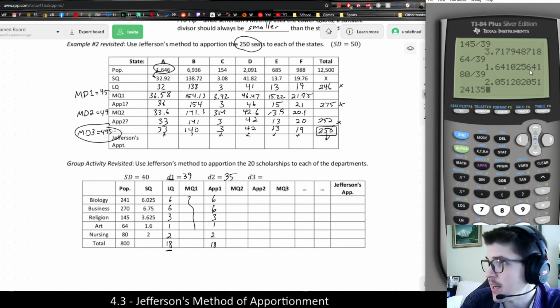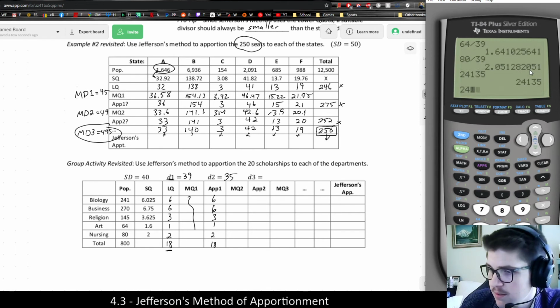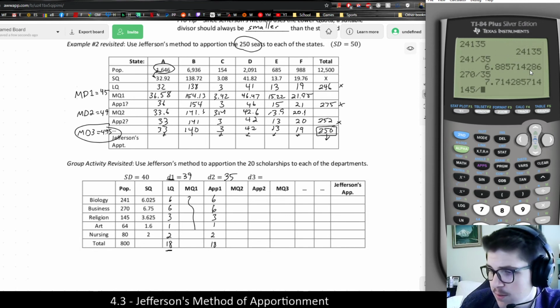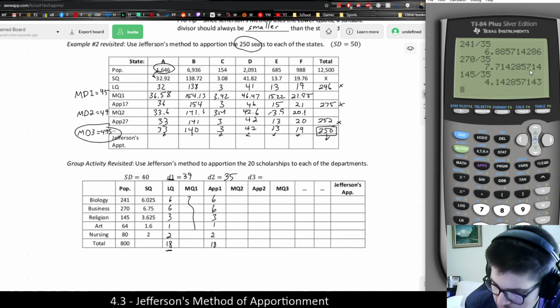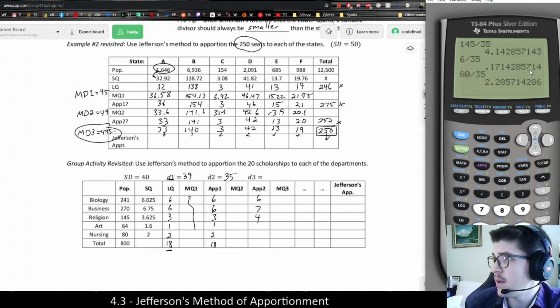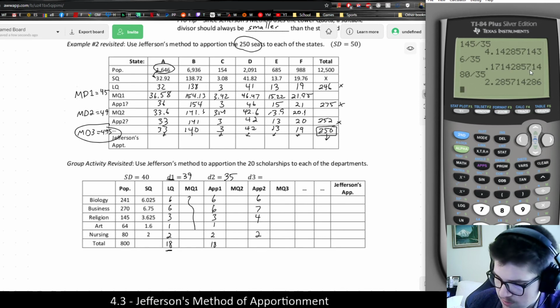241 divided by 35. Oops. 270 divided by 35. 145 divided by 35. And each one of those I'm going to just write down the lower quota, 6, 7, 4, and then 64 divided by 35, and 80 divided by 35. 80 divided by 35 would give me 2.2, which would round down to 2.